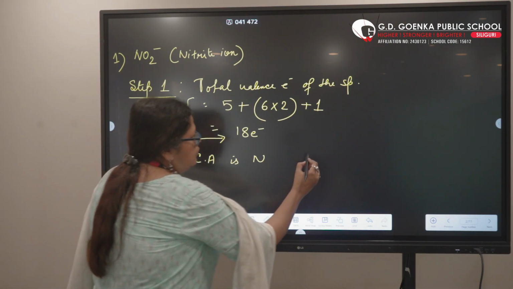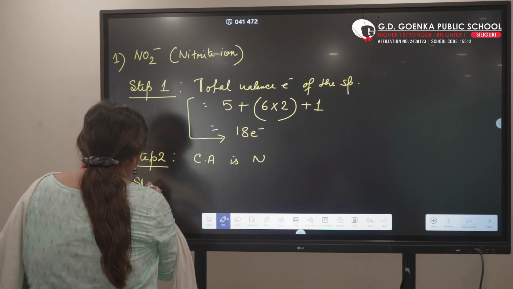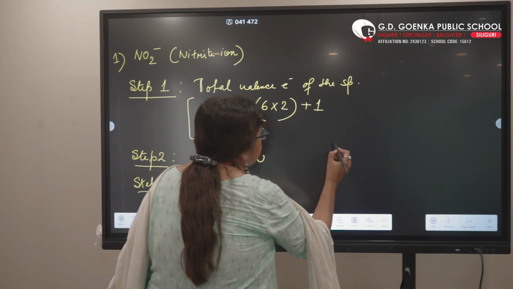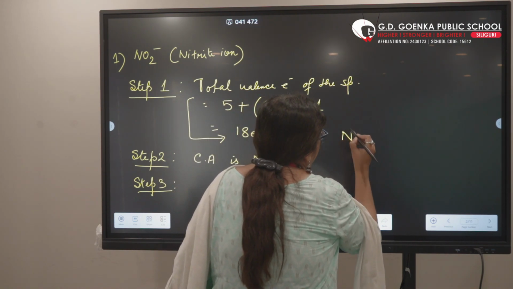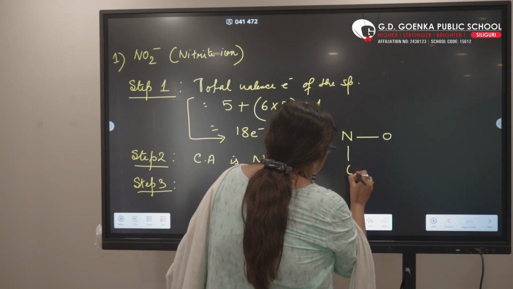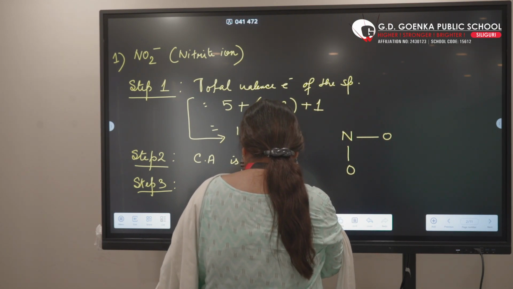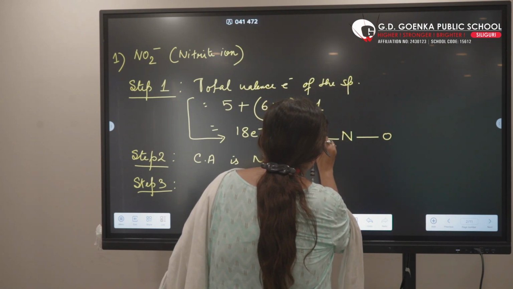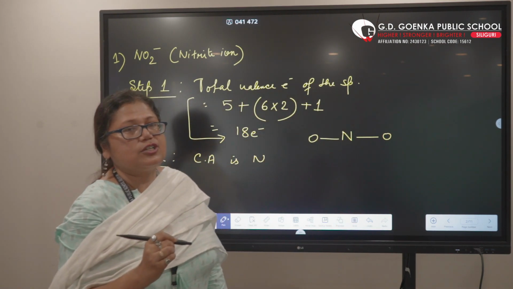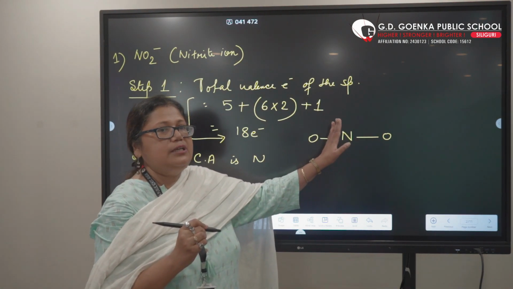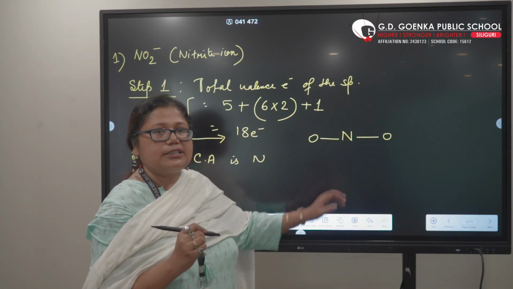Now from this we are drawing the skeletal structure of the nitrite ion. How to draw the skeletal structure? I take nitrogen as the central atom and show 2 oxygen atoms and draw the skeletal structure only by single bonds. Step 3, this is the skeletal structure.